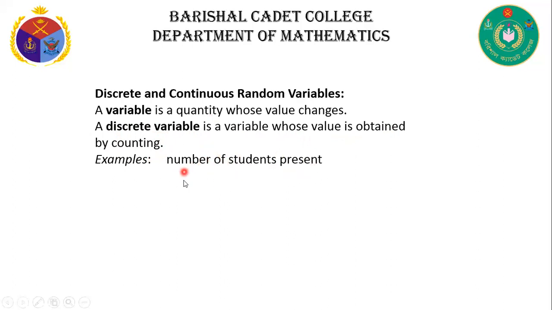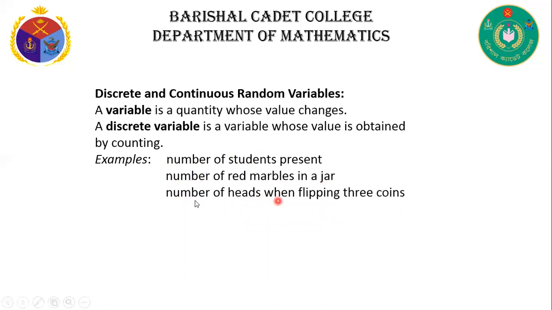Here we are counting the number of students, the number of red marbles in a jar, the number of heads when flipping 3 coins, students' grade level. These are examples of discrete variables.